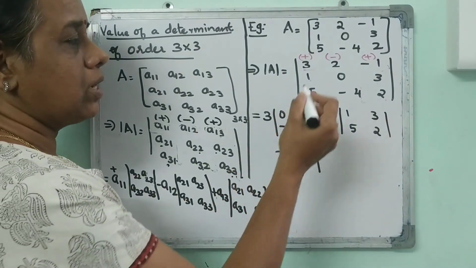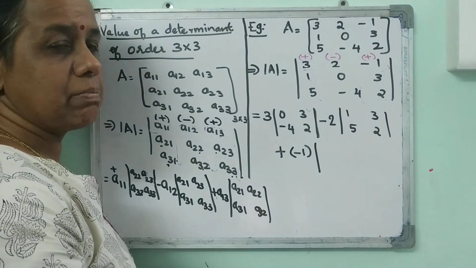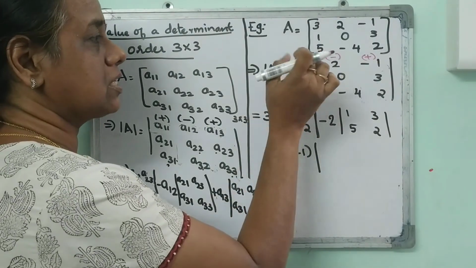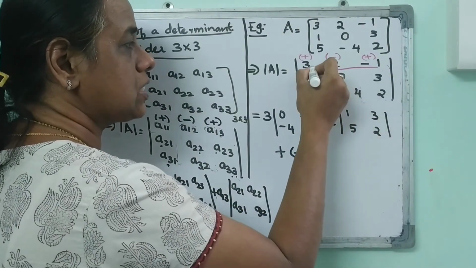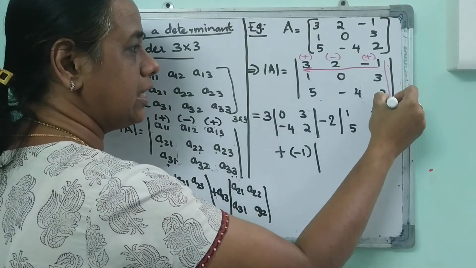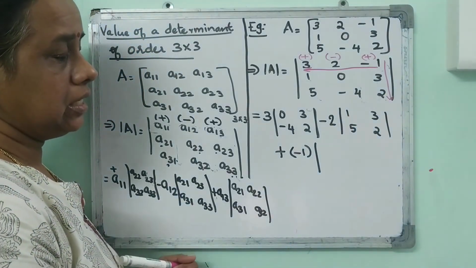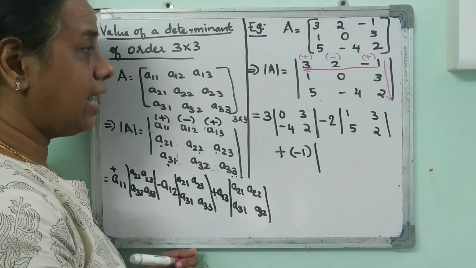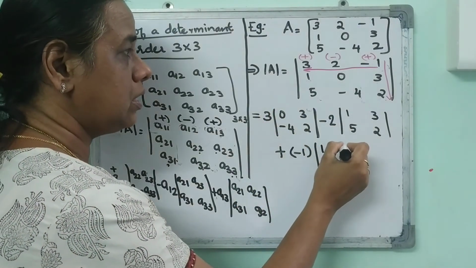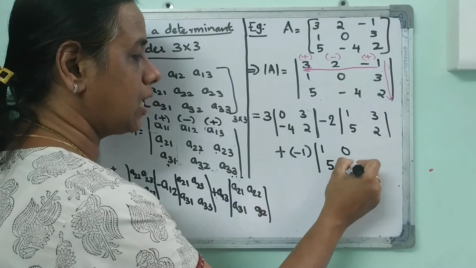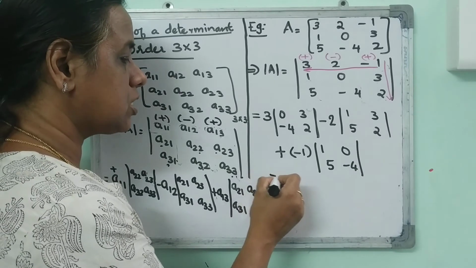You have to do the same process as for the previous ones. So delete the row and column in which minus 1 lies. Now you will have the remaining determinant with the values 1, 0, 5, minus 4. Now do the calculation for this.